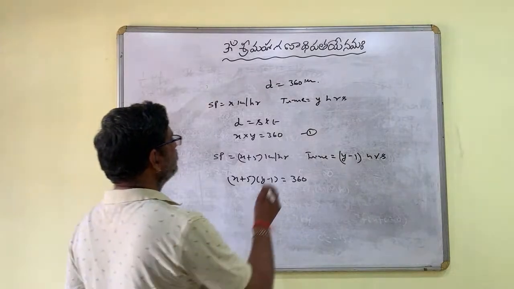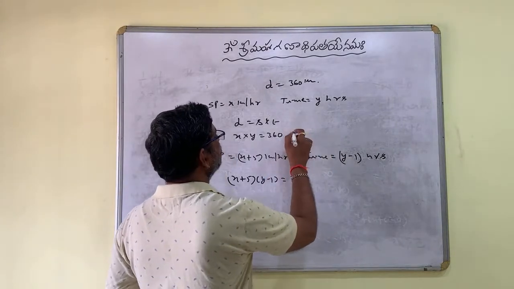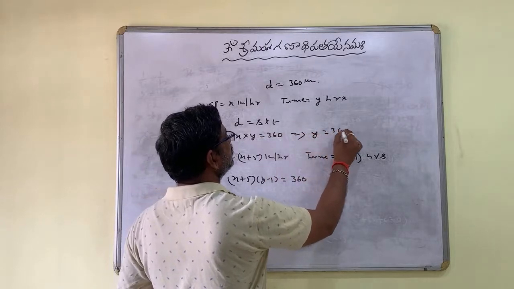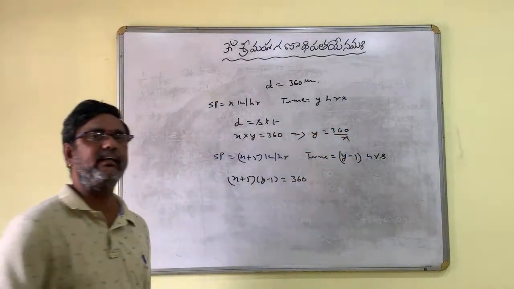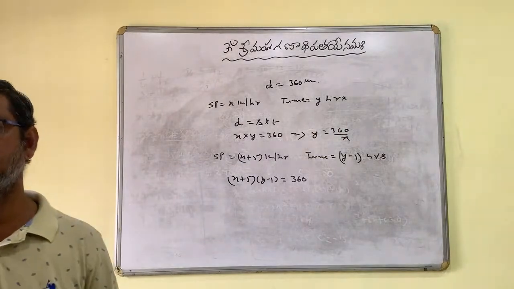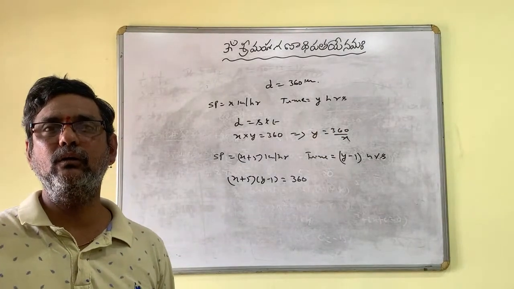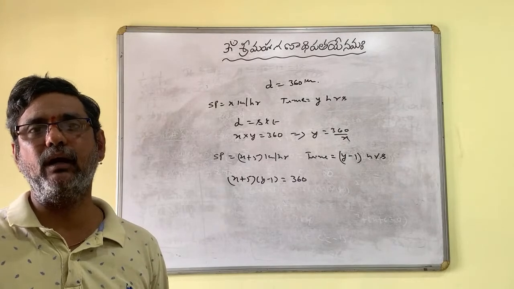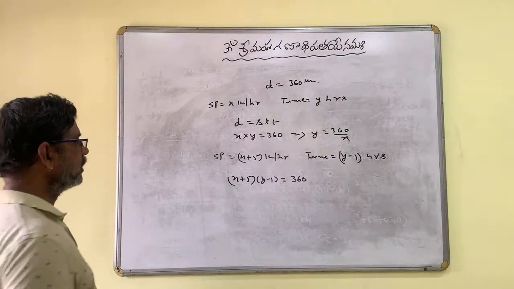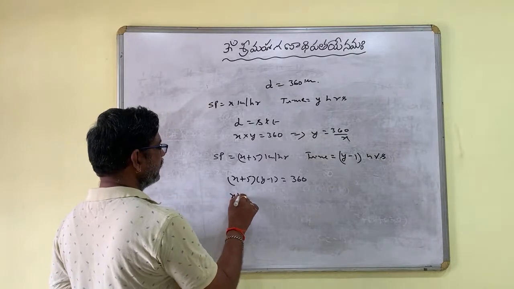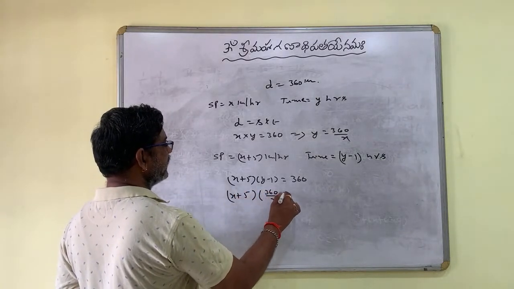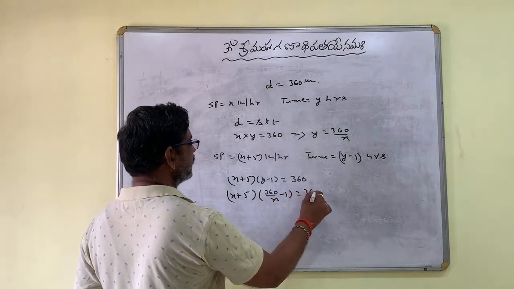Now from equation 1, y is equal to 360 by x. Now substitute that here: x plus 5 into 360 by x minus 1 is equal to 360.